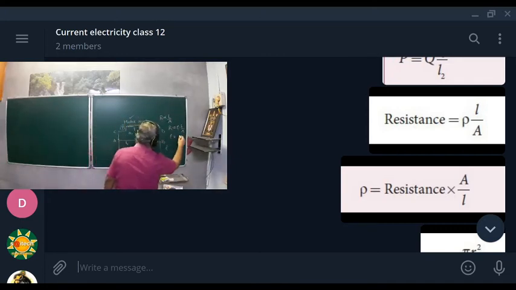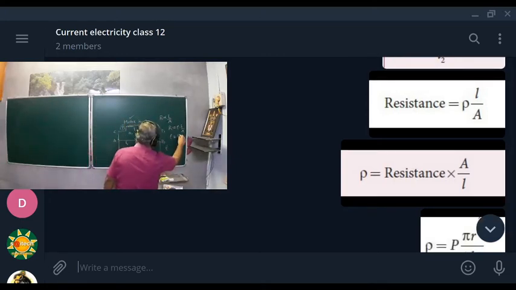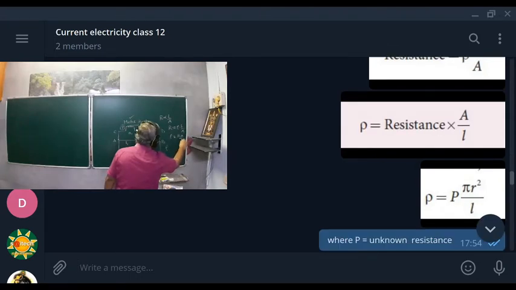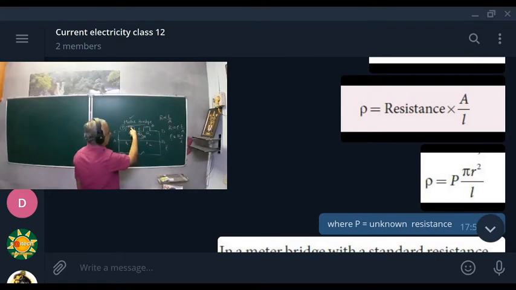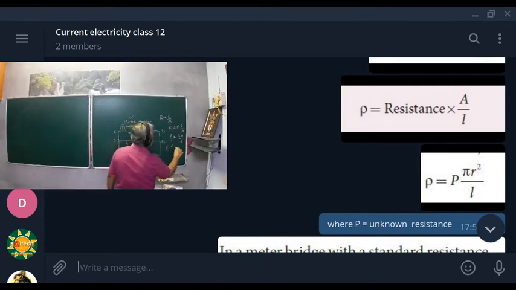So rho is equal to RA divided by L. This is resistivity. Suppose I want to find the resistivity of the given material, I can connect it here, and find the resistance as well as the resistivity. So here it is P, and rho is equal to P into A divided by L, where P is the resistance.